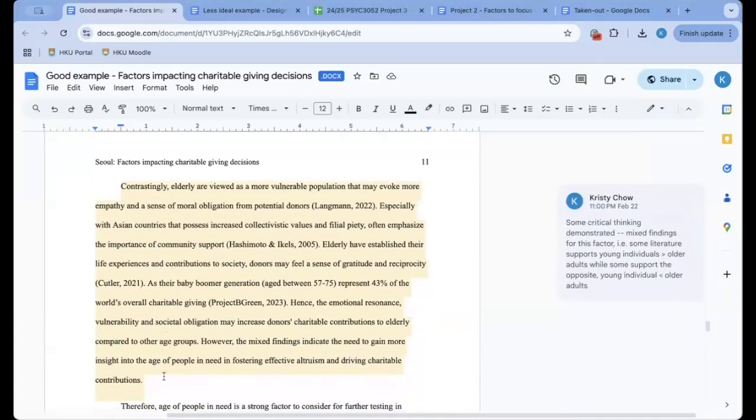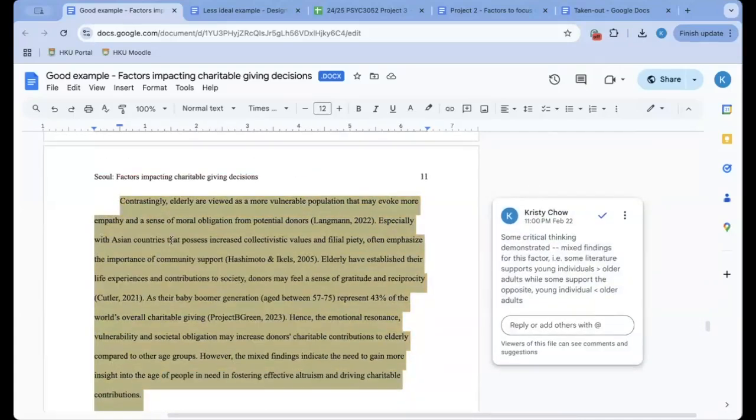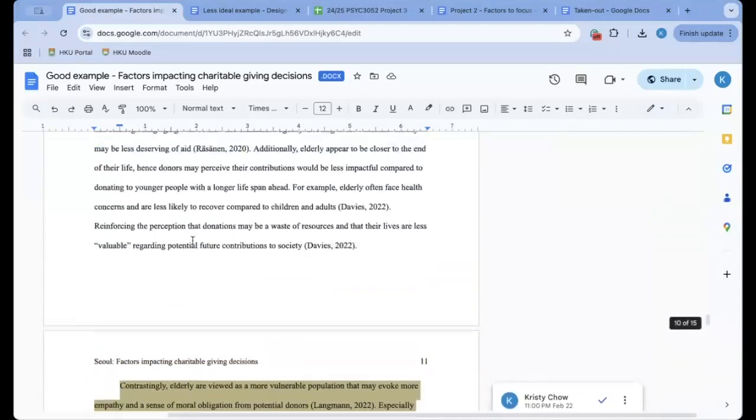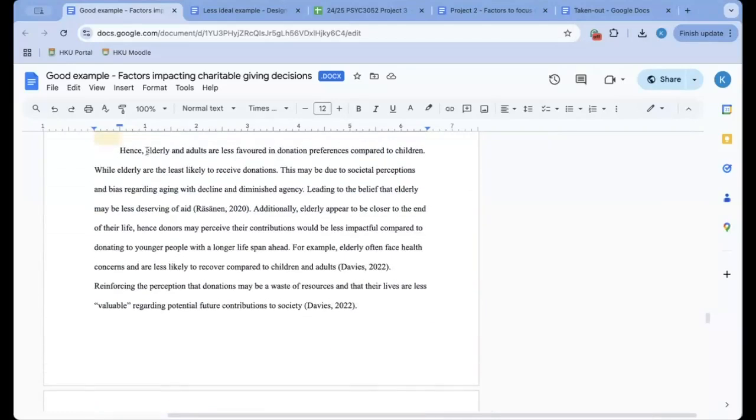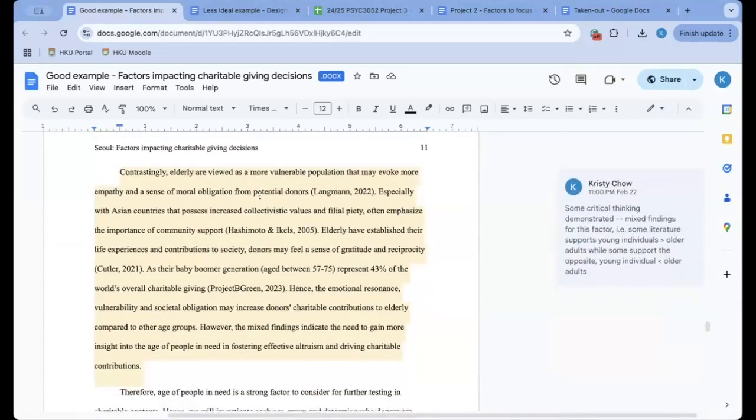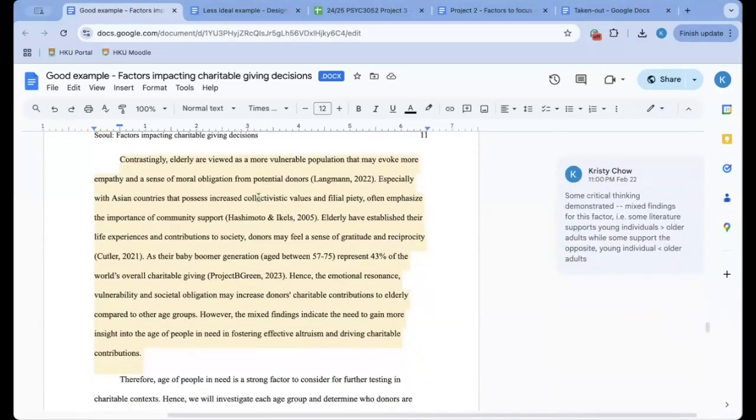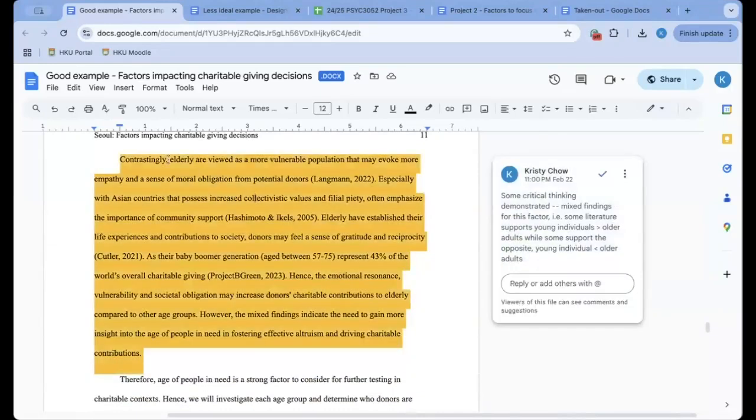And in one of their paragraphs in Factor 3, they demonstrated some critical thinking by highlighting that there are mixed findings in the literature. Some literature supports that people are more likely to donate to young adults than the elderly and the adults, whereas other research suggests that people are more likely to donate to the elderly rather than to young adults, demonstrating an opposite effect.